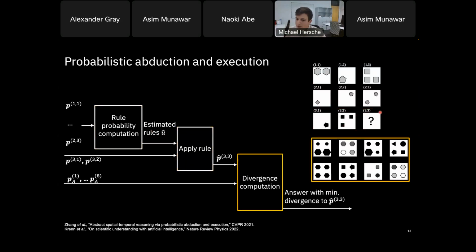Finally, we can compare this distribution to the distributions of the answer panels, and we select the answer panel that is closest to our estimation in terms of divergence. While all of those blocks are essential to solve the eventual task, what we have found was that the rule probability computation is mostly computationally expensive, and that's the one we also wanted to improve.